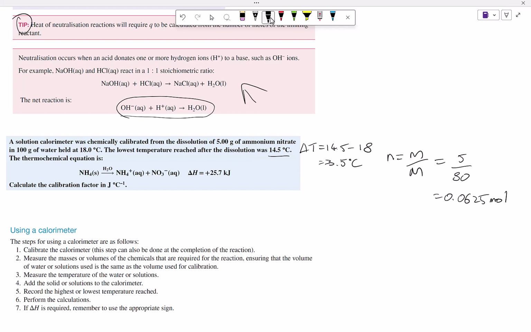Now we can calculate the number of kilojoules absorbed from dissolution. So we know delta H, that's how much energy is released per mole, which is why we've worked out the moles.